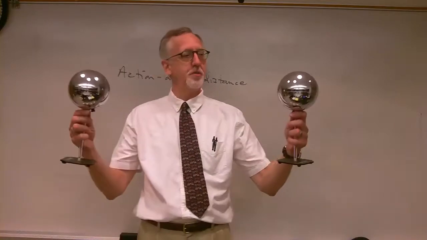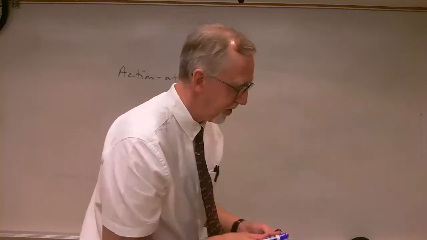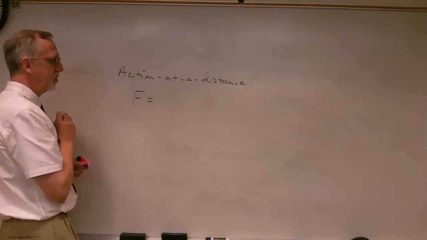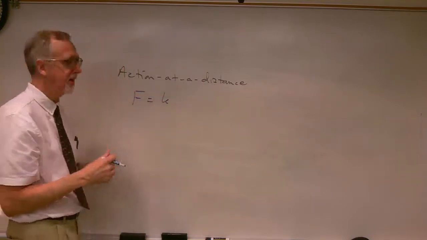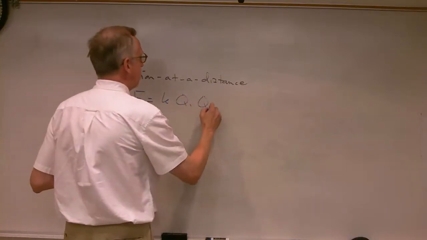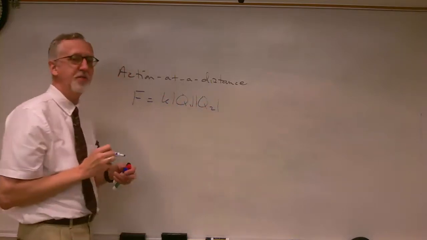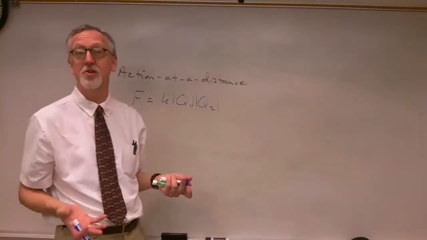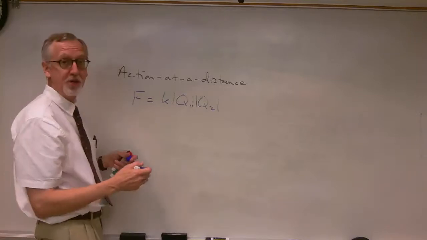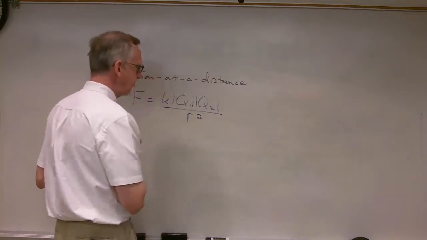We know that we can measure the strength of the force between these two objects. We talked about that last time. The strength of the force we can write as the magnitude is equal to Coulomb's constant, k, times the charge on one object times the charge on the other object. To be more specific, the magnitude of the charges. The signs of the charges actually come into the direction of the force. Similar charges repel, opposite charges attract, then divided by the distance between them squared.